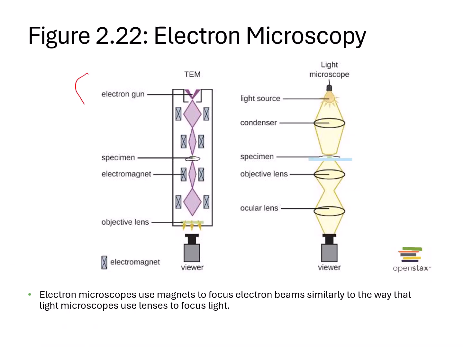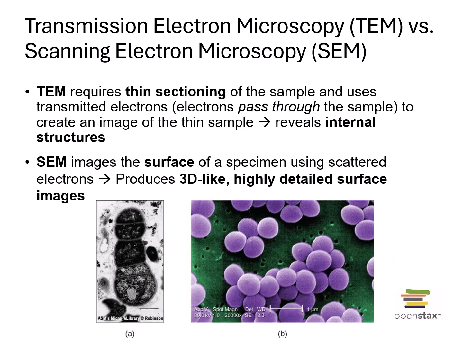In our class, we're going to skip the mechanics of electron microscopy, although I do want you to remember that we're using electrons instead of light for electron microscopy. This gives us much greater magnification and resolution due to the much smaller wavelength of electrons. And also very briefly, I'd like you to know the two major types.